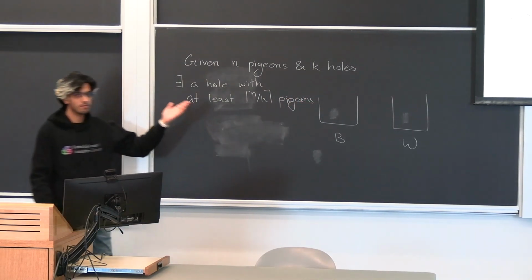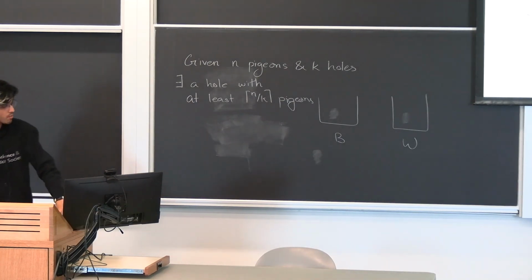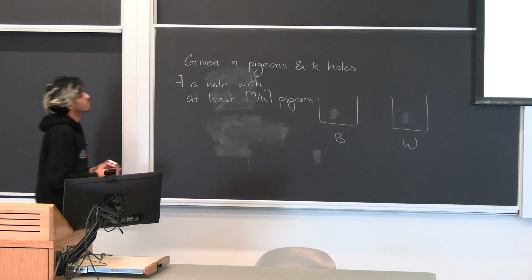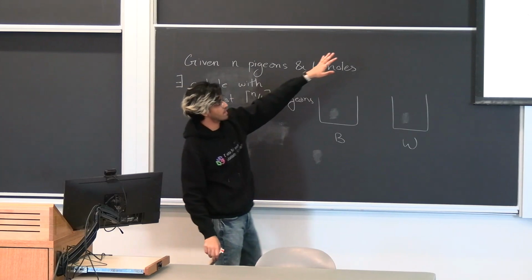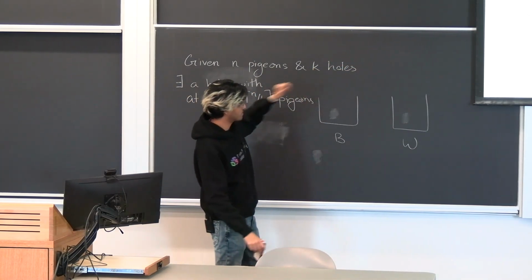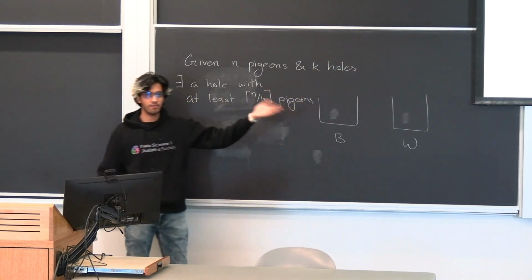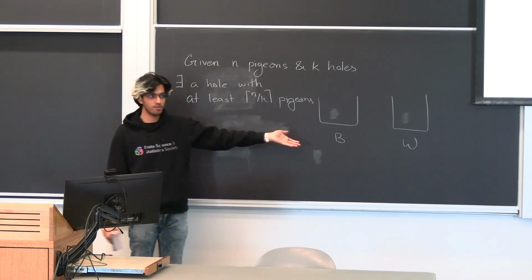So we're not allowed to use the PHP rule directly, because if we were to apply that, we would be looking for 7 pairs of the same color, which is not necessarily true. We don't need that.